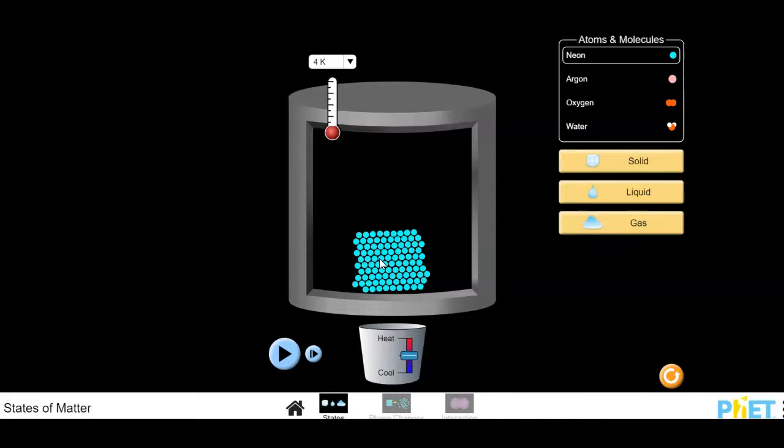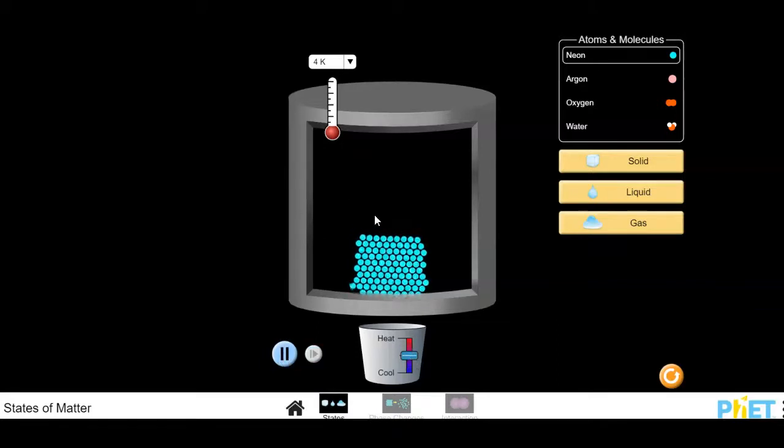Keep in mind, when we're talking about the kinetic energy in the context of thermal physics, we're not talking about the kinetic energy of the entire object, but rather the kinetic energy of the individual atoms or molecules. Okay, so ignore the fact that the whole blob just kind of flew up off the bottom. That has nothing to do with anything. Instead, look at the motion of the individual atoms.